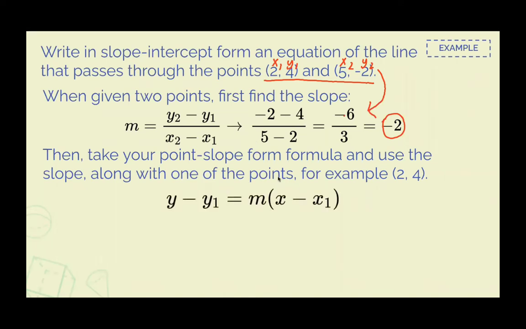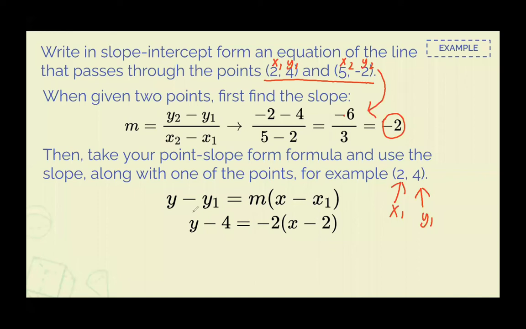So let's bring out our point slope form equation, which is y minus y1 equals m times x minus x1. So we have our slope m, or -2, and then go ahead and label your ordered pair x1, y1. So 2 will be x1 and 4 will be y1. And now that you know what you're going to be plugging into point slope form, go ahead and plug it in. You're left with y minus 4 equals -2 times x minus 2.